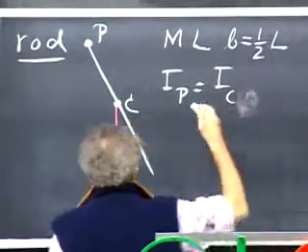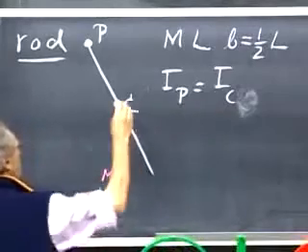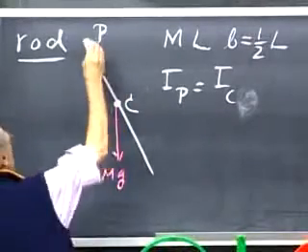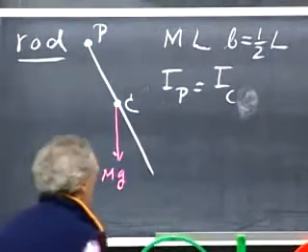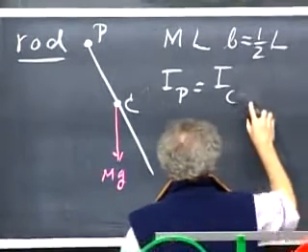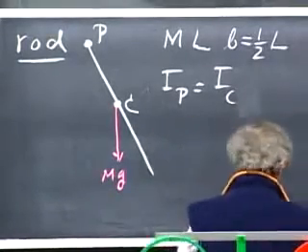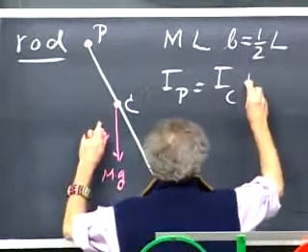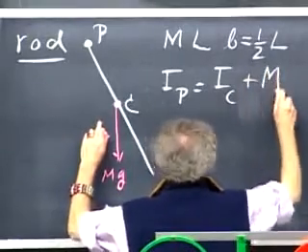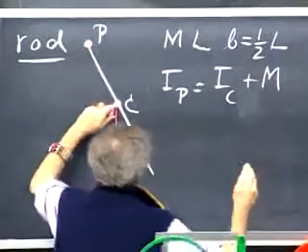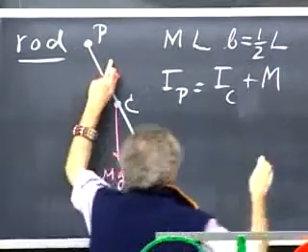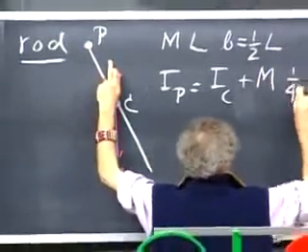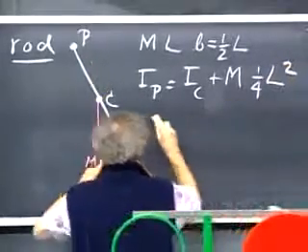The axes have to be parallel, so it is this axis perpendicular to the blackboard and this axis perpendicular to the blackboard, plus the mass of the rod times the distance between P and C squared, plus m times this distance squared, so that is B squared, and B squared is 1/4 L squared.